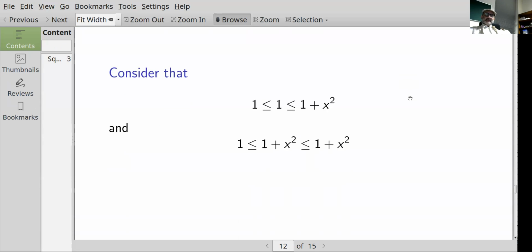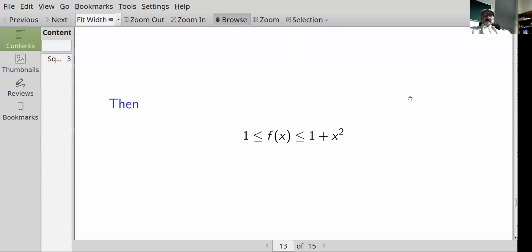So the values it can take are 1 and 1 plus x squared at any x. That's what f of x is. It's either 1 or it's equal to 1 plus x squared. Now, 1 is less than or equal to 1, which is less than or equal to 1 plus x squared. And 1 is less than or equal to 1 plus x squared, which is less than or equal to 1 plus x squared. So for both possibilities of the values of f of x, both of them lie between 1 and 1 plus x squared.